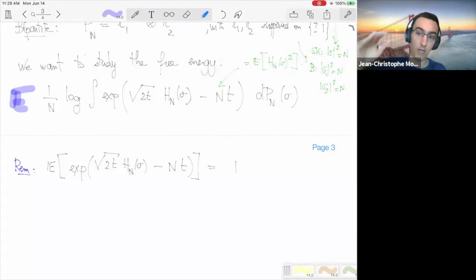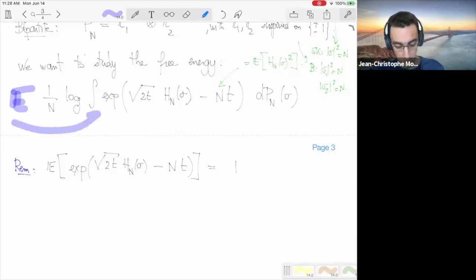Because log is concave, so the result will be lower than if I put the expectation inside the log. And so given that, yes, the expectation here is with respect to J, so the randomness hidden inside the Hn of sigma.